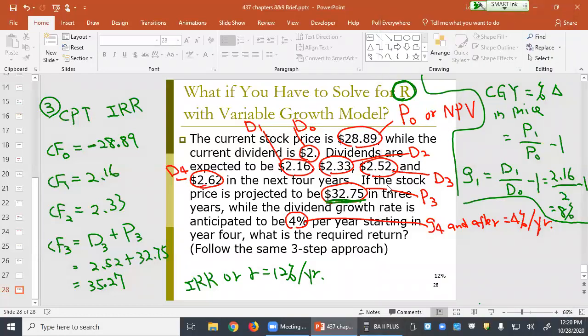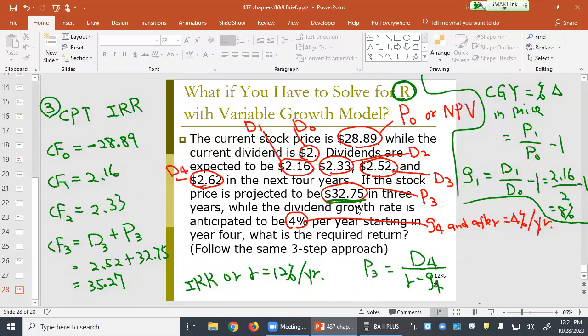The assumption here is that the return will remain constant throughout your investment period. If the average rate of return is always the same across different years, a faster way is, if I know my D4 is this number, I can plug that into my constant growth equation. D4 divided by R minus G4 will give me P3.